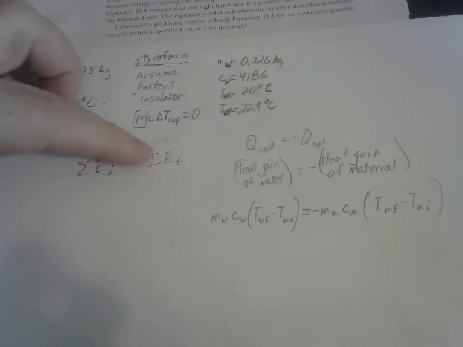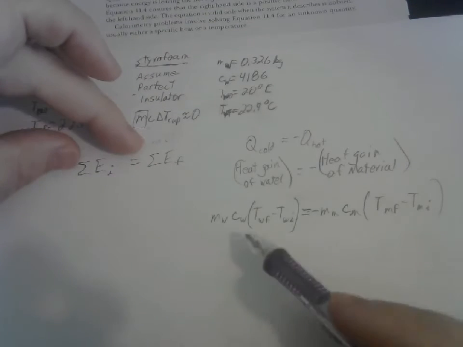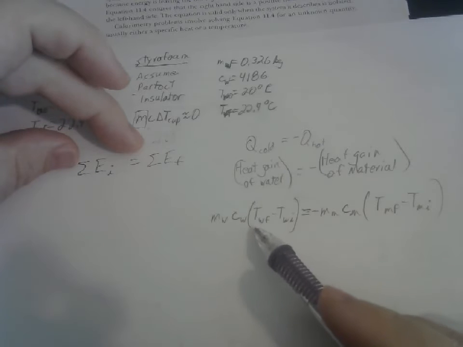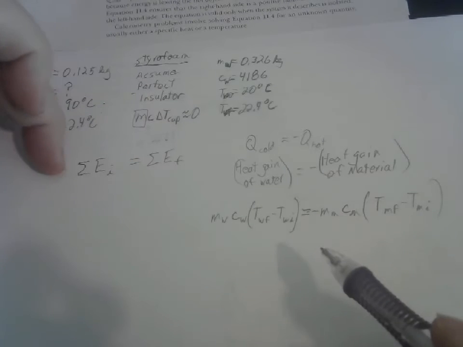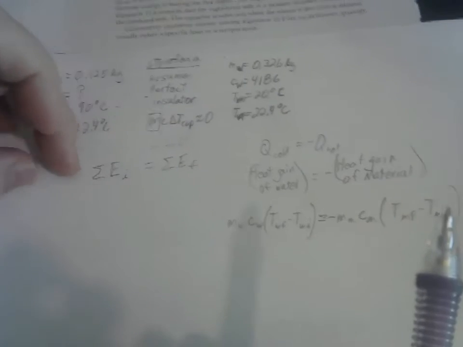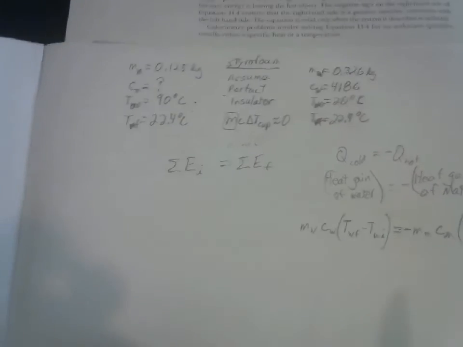On the other hand, this version of the equation puts all of the final things on one side and all of the initial things on the other.